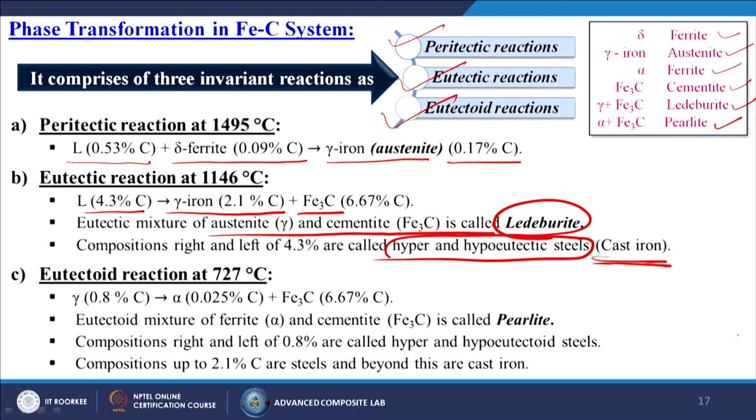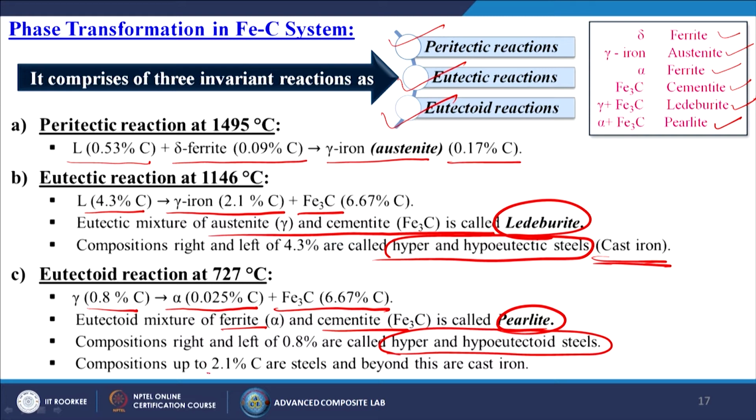Eutectoid reaction at 727 degree centigrade: gamma with 0.8% C converts into alpha with 0.025% C plus Fe3C with 6.67% C. The eutectoid mixture of ferrite and cementite is called pearlite. Compositions right and left of 0.8% are called hyper and hypoeutectoid steels.